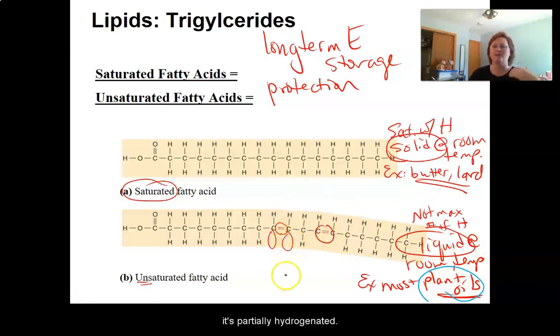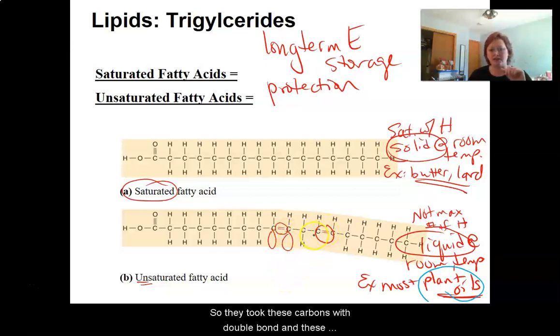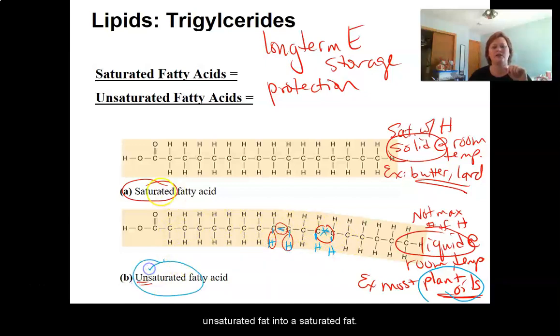However, it's partially hydrogenated. So they took these carbons that have double bonds and they forced hydrogens on them, which got rid of the double bonds, made it a single bond again. Same thing here. So then what I did is I turned my relatively healthy unsaturated fat into a saturated fat.